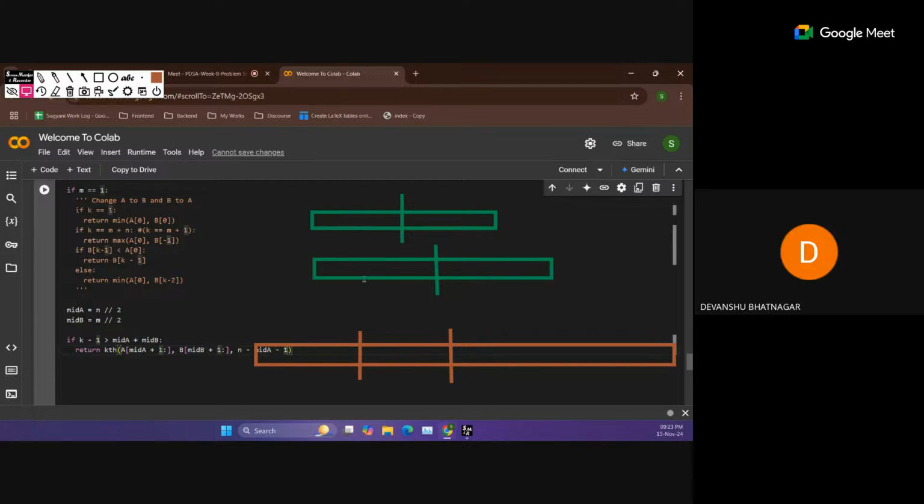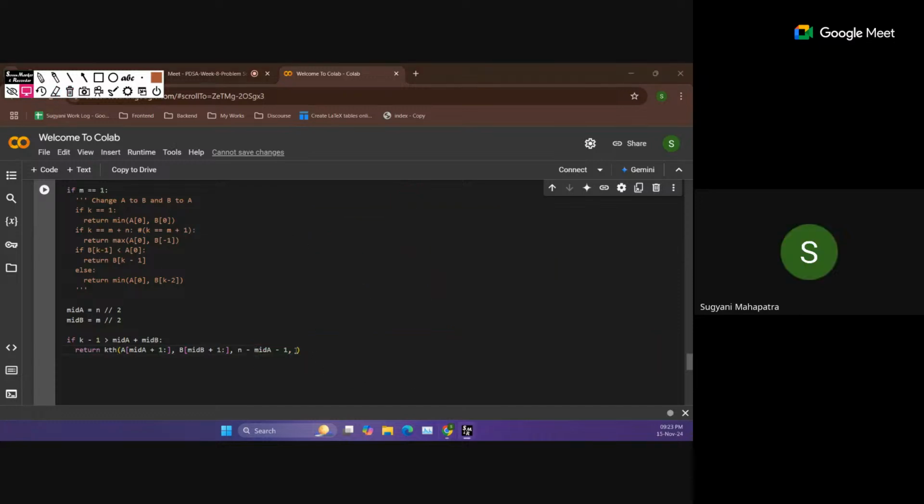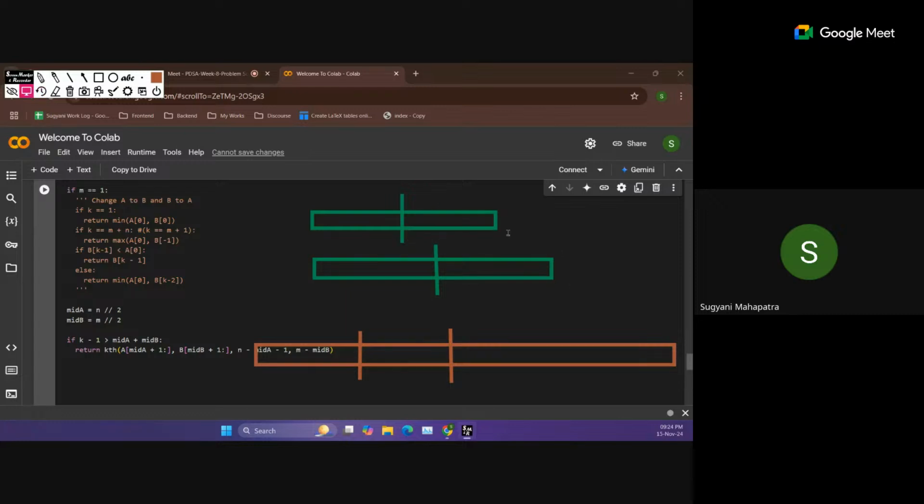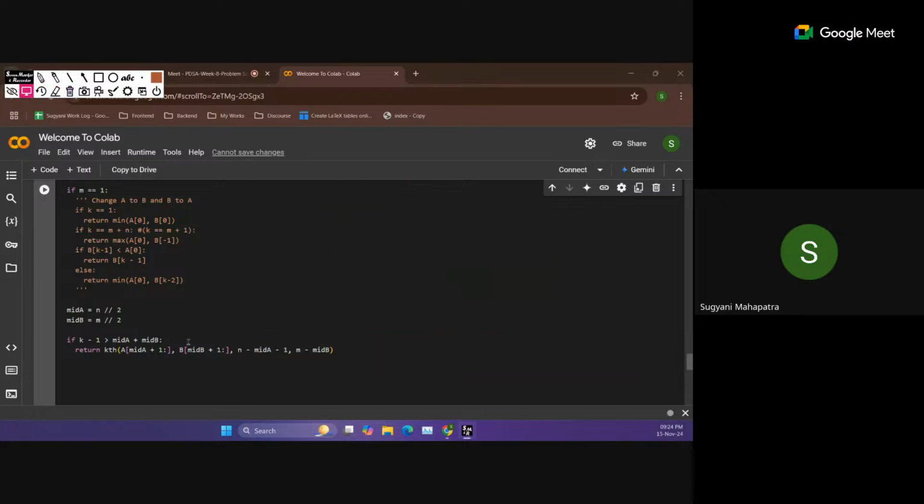Let me delete this part so it will be visible. No, it's not the half. It's basically the length of this part. We are taking the middle of A plus one element, so the number of elements in this area will be n minus middle of A minus one, right? That is what I'm doing here.